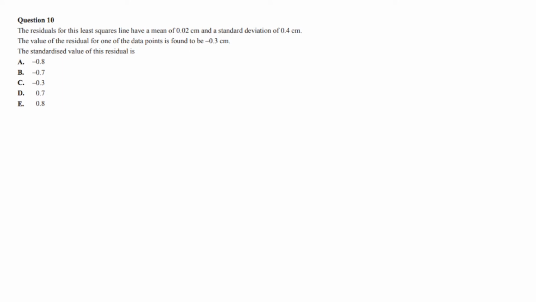In question 10, the residuals for this least squares line have a mean of 0.02 centimeters and a standard deviation of 0.4 centimeters. The value of the residual for one of the data points is found to be negative 0.3 centimeters. The question is asking for the standardized value of this residual.